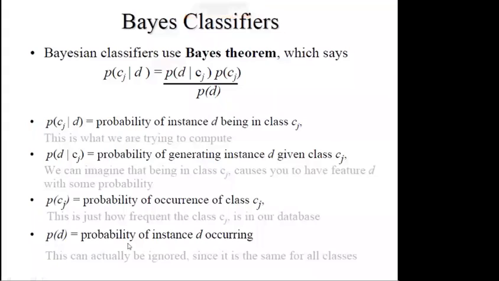P of D is the probability of instance D occurring. Usually we just ignore P of D, because it will be the same for all the classes, as that instance will occur in every class. I will show you what the probability of D will be. So this is Bayes theorem.